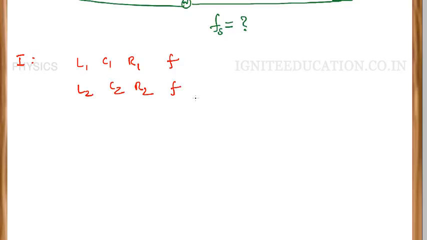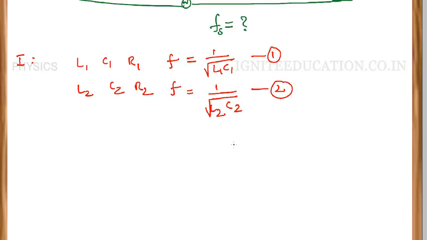With this I am writing the resonating condition. The resonant frequency of an LCR circuit is written as F is equal to 1 by root L1 C1, and for the second one it is also F equal to 1 by root L2 C2. Assume those are equations 1 and 2.